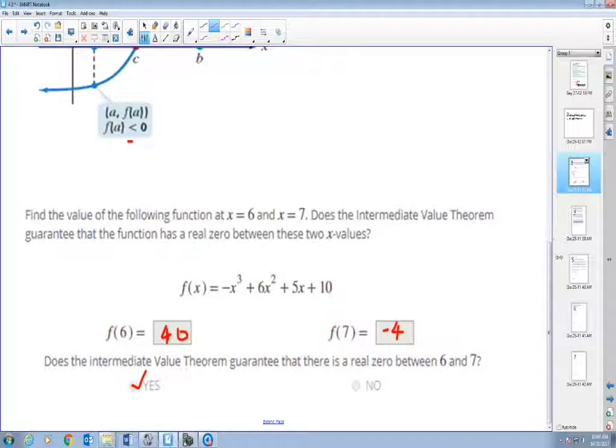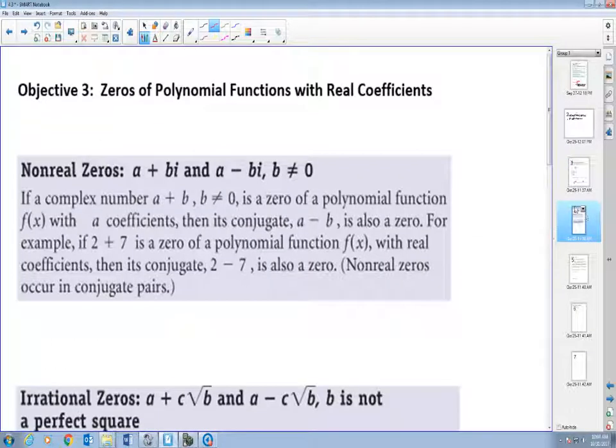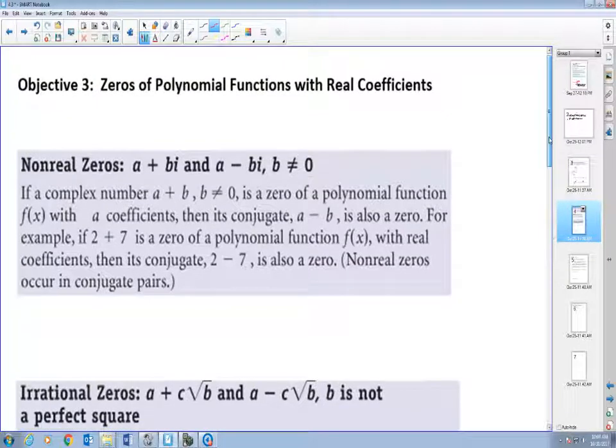Now I also want to use this opportunity to introduce the different types of zeros. Little by little I began mentioning these types of zeros, but I never really put a label on them. So here we go, the different types of zeros.